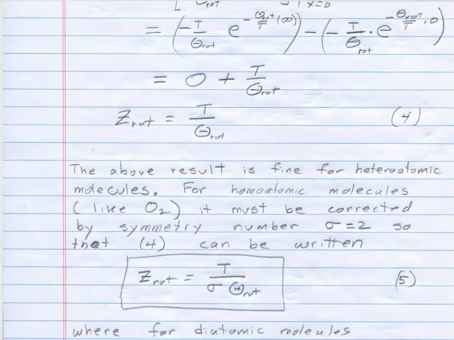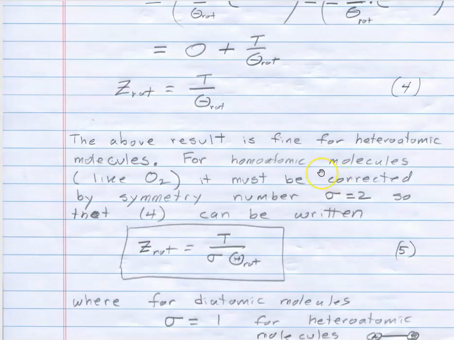That argument works fine for the heteroatomic molecules, CO, for instance, carbon monoxide. It doesn't work well for homoatomic molecules like O2. And the reason it doesn't work for those is because of some symmetry arguments.